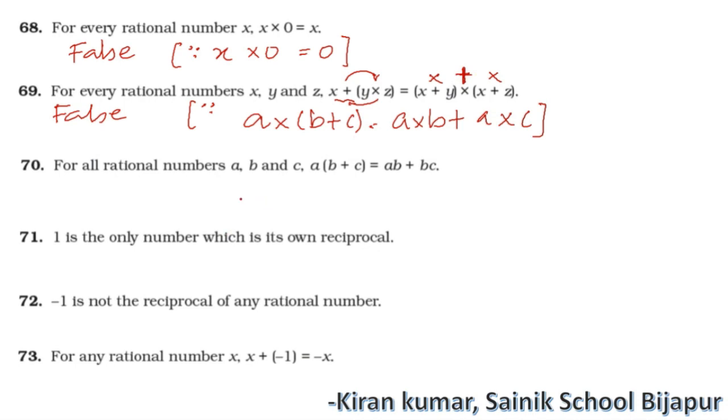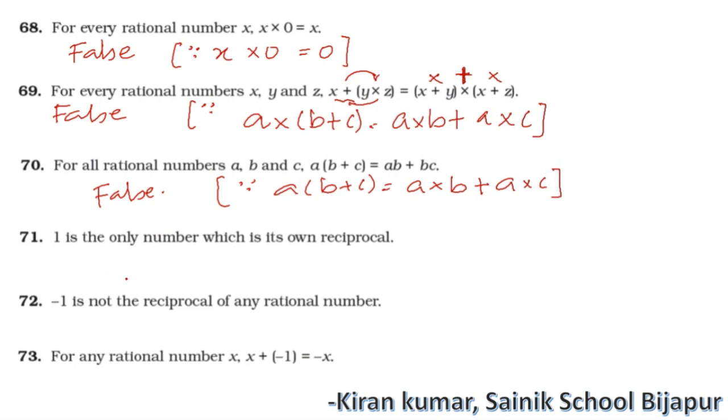70th, for all rational numbers a, b and c, a times of b plus c is a into b plus b into c. This statement is also false. The reason is a times of b plus c, we have a into b plus a into c.